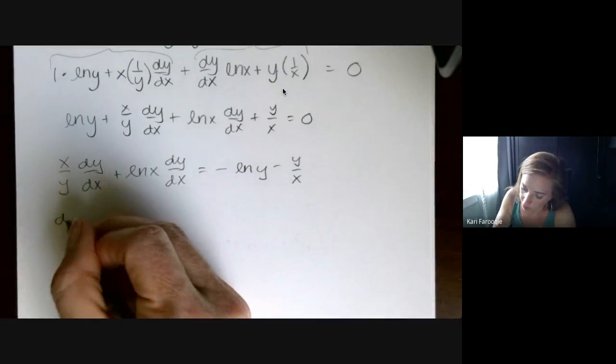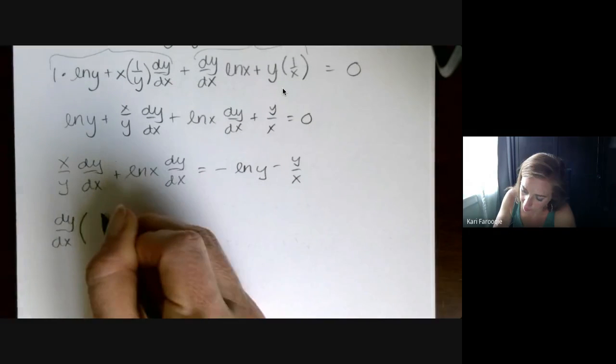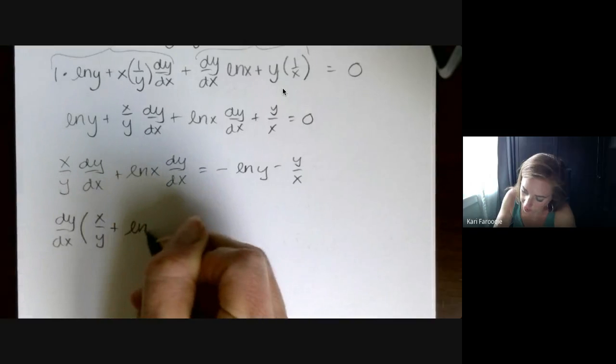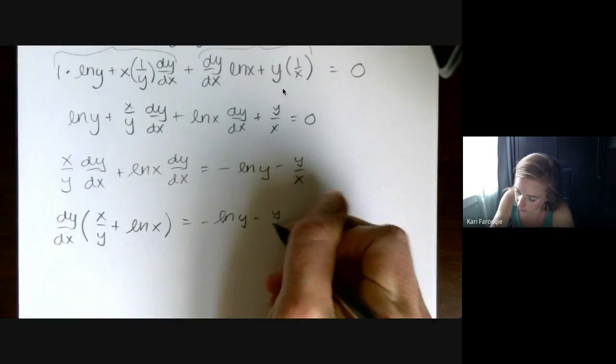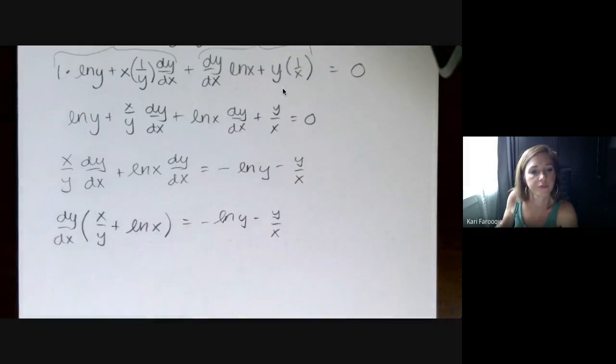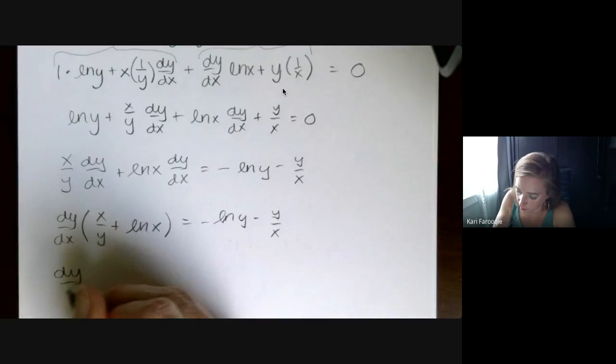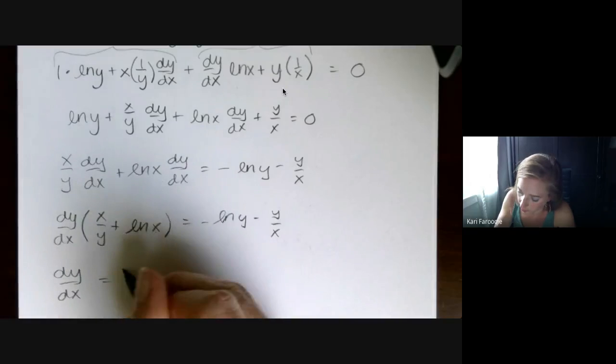Now I'll factor out the dy/dx. That leaves you with x over y plus ln x. Rewrite the right-hand side. And divide both sides by this factor on the left.